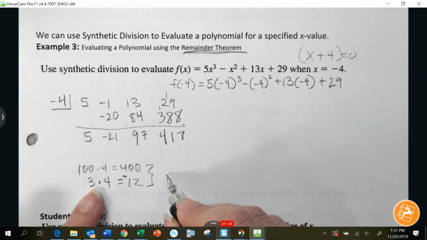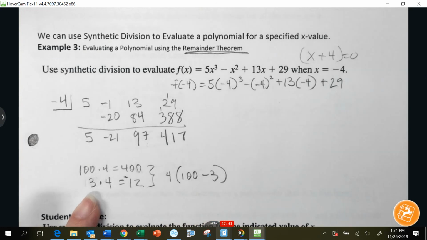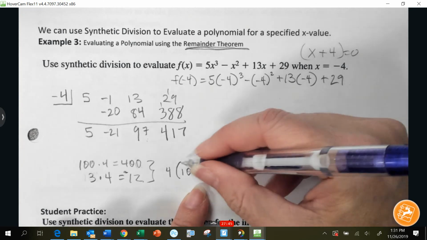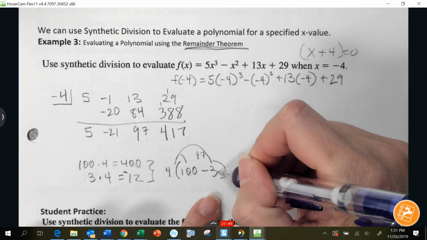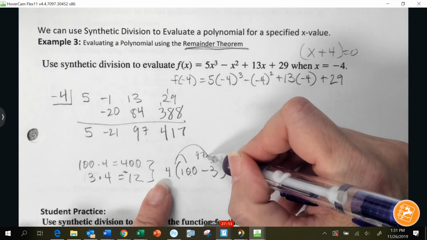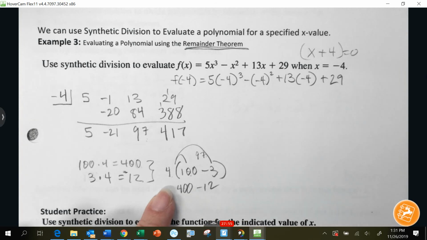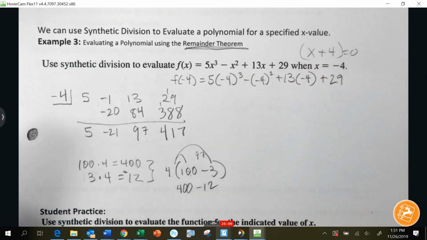I was doing 4 times 100 minus 3. I'm distributing that because it's easier for me to multiply 4 times 103 than it is to do 4 times 97. So I got 400, take away 12. That's mental math skills because I'm not pulling my calculator out.